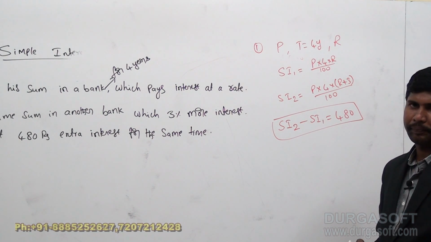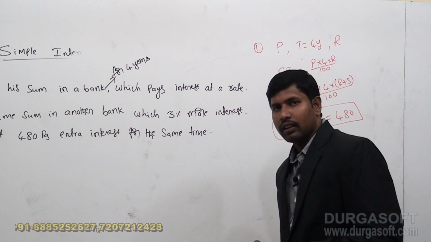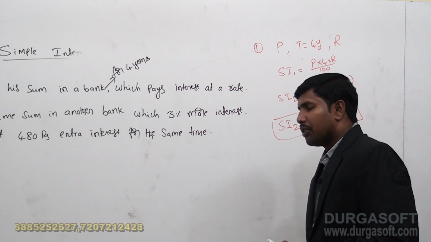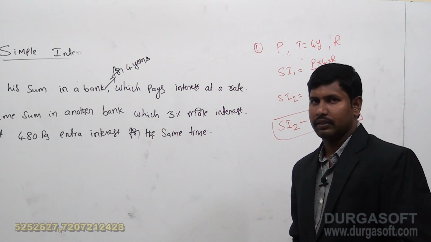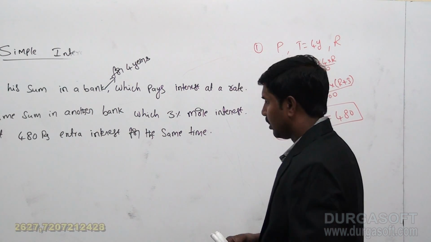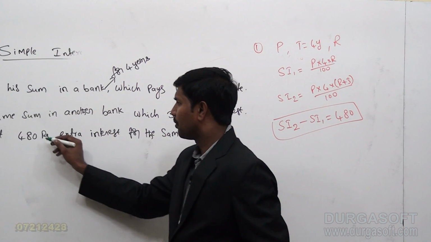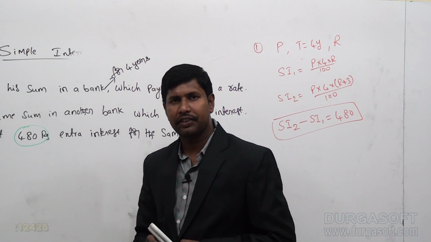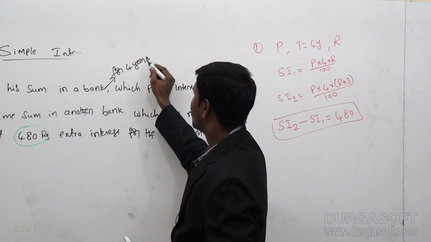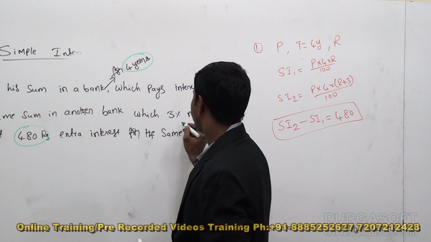This is one way. And another way, you can calculate through the options. Or the other way is, why am I getting 480 rupees extra? Because I am calculating for 4 years at the rate of 3%.